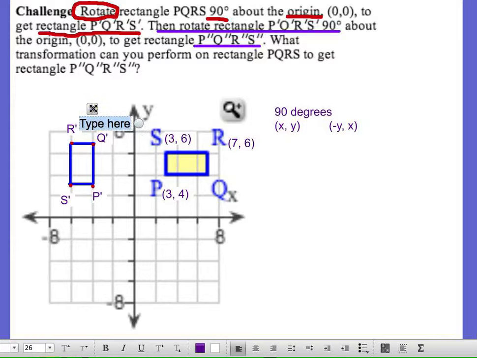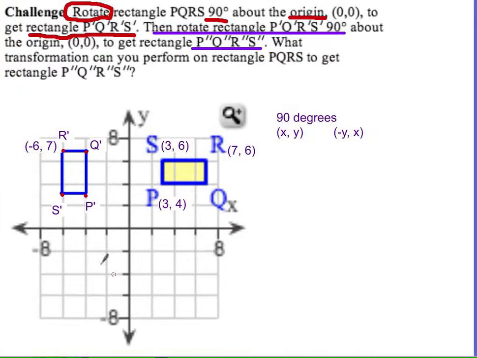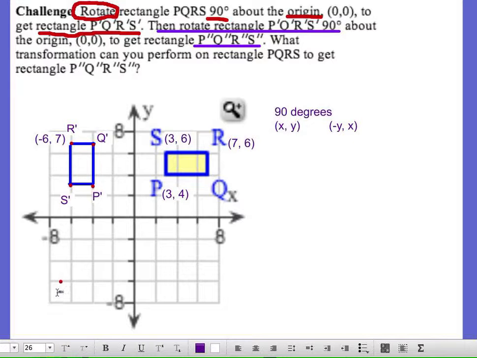Switch her around again. That'll be at negative 7, negative 6. So that's our R double prime.